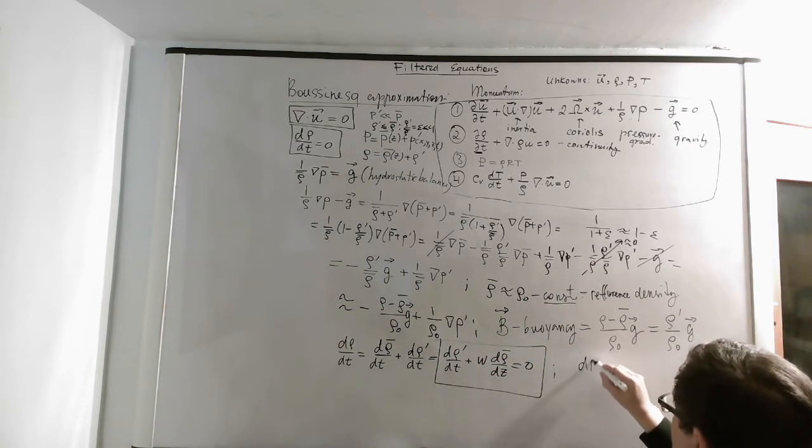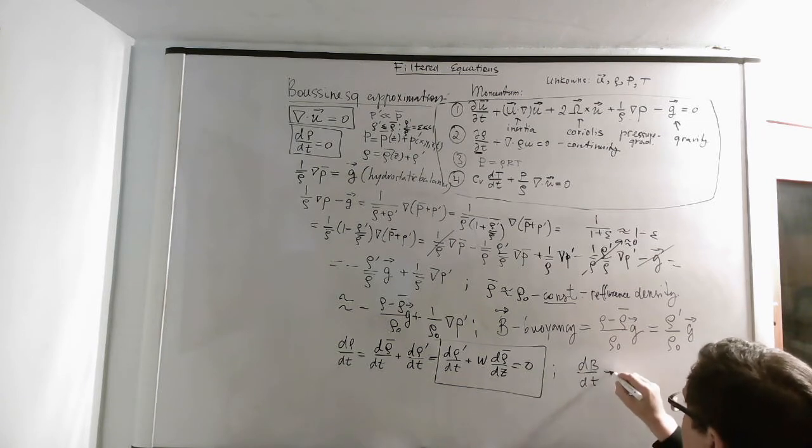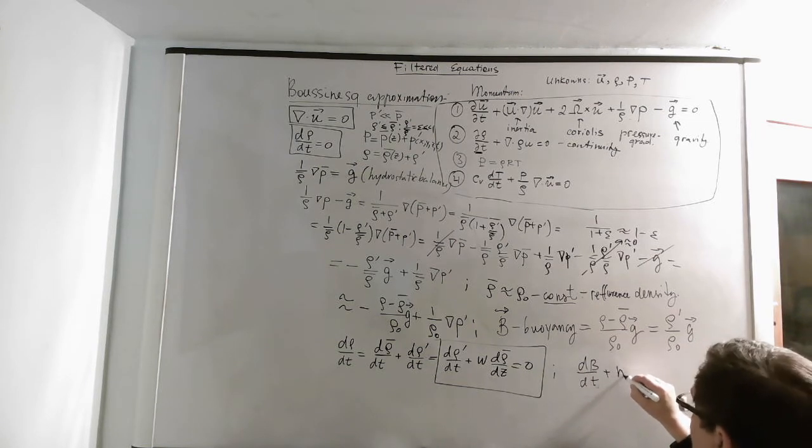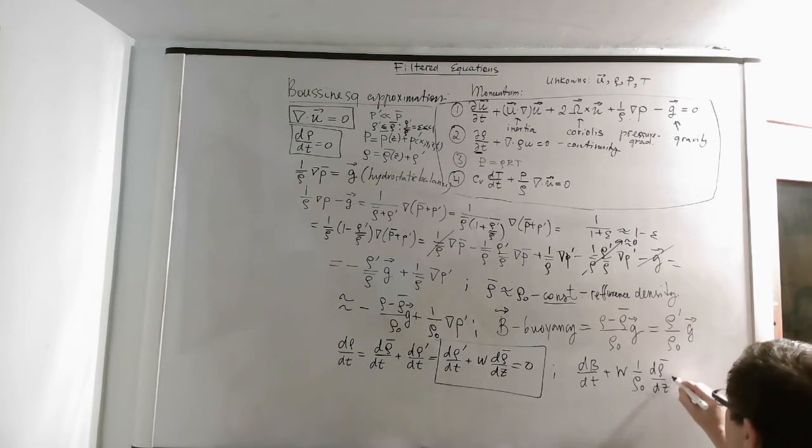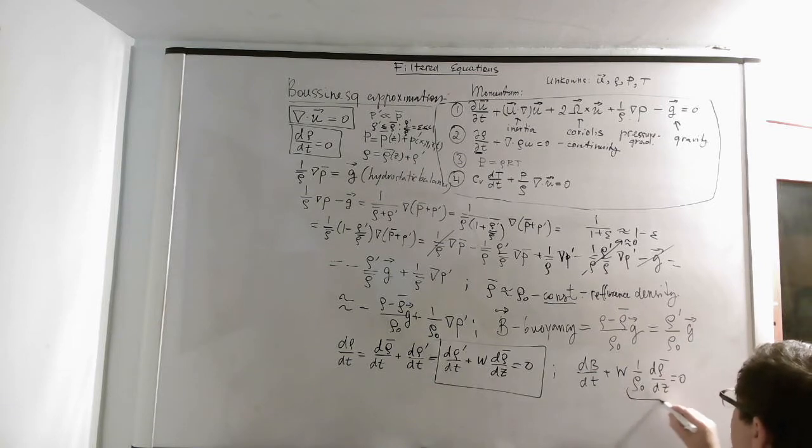Then it's just dB dt plus w times 1 over rho naught d rho dz equals 0. And what is this thing?